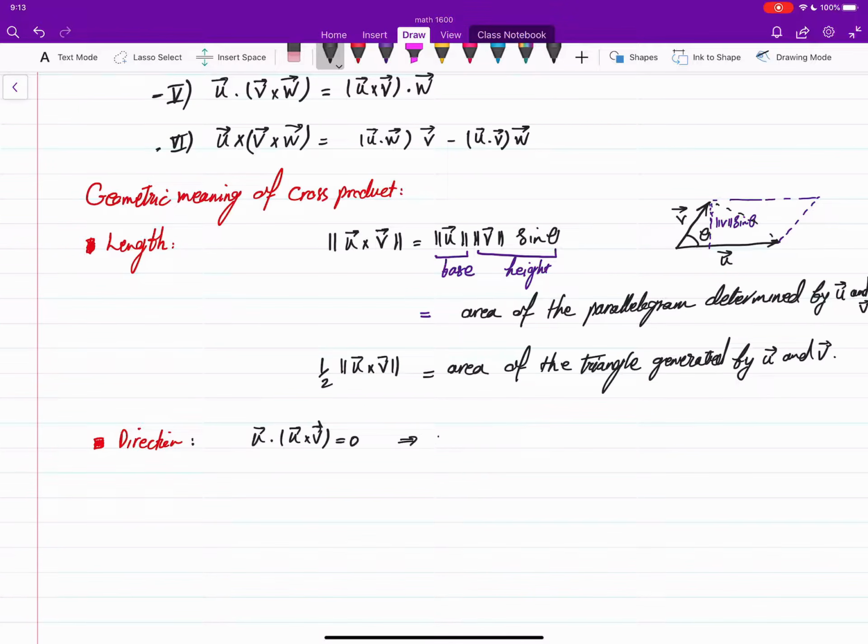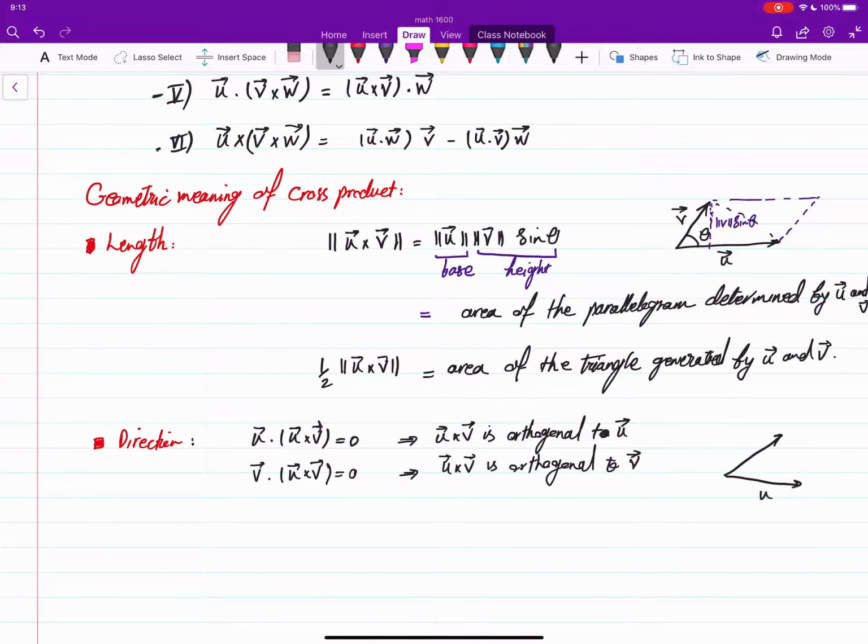It means that u cross v is orthogonal to u. Also, you can show that this is 0, and that means that u cross v is orthogonal to v.